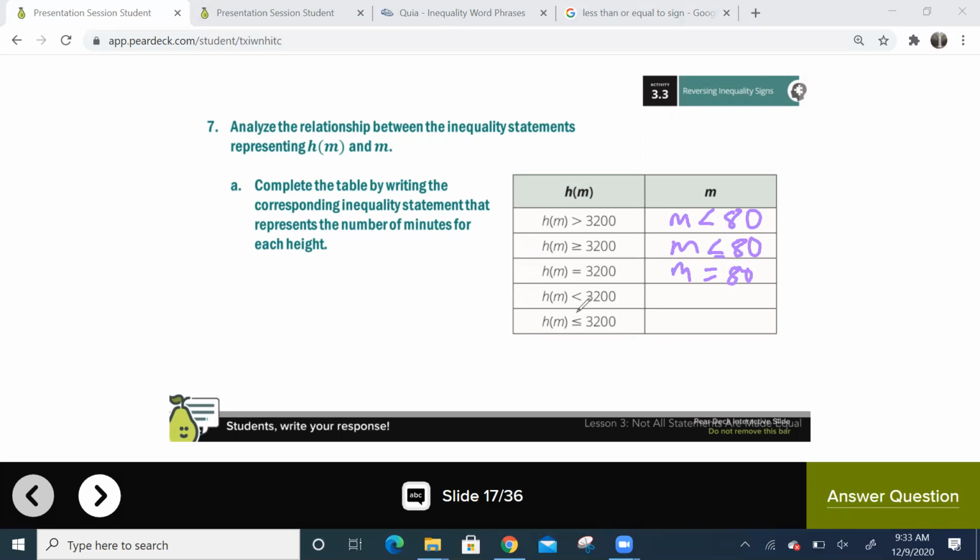Okay. When will you be under 3,200 feet? Well, that's going to be after 80 minutes. And when would you be lower or equal to 3,200 feet? Well, that's going to be at 80 and greater than 80 minutes. Okay. So let's go ahead and write that on our answer.